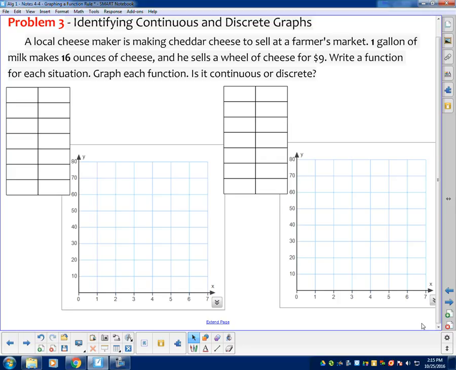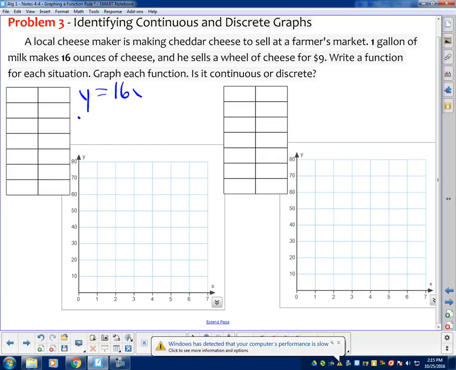If I write an equation for this one, let's let x represent gallons. So y equals 16 times x, go ahead and write that down. So y will represent ounces of cheese.